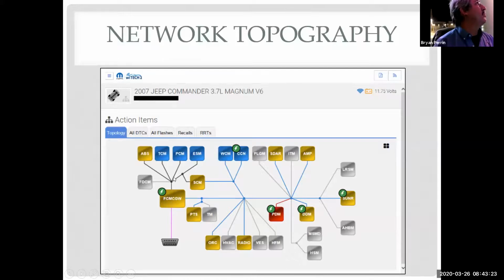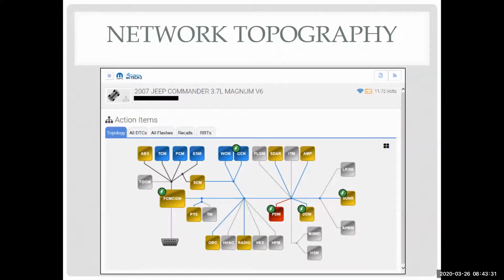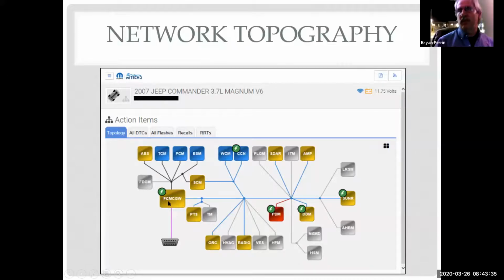So this module is able to talk to that. And then you see a purple network between here and our diagnostic link connector where the scan tool would plug in. So this module in the middle is what's called a gateway module. That gateway module is a module that goes between different networks and then is able to translate, because different networks may use different protocols.